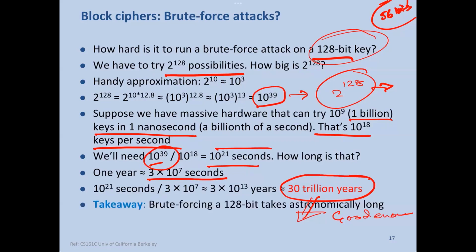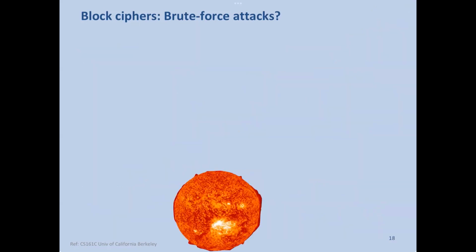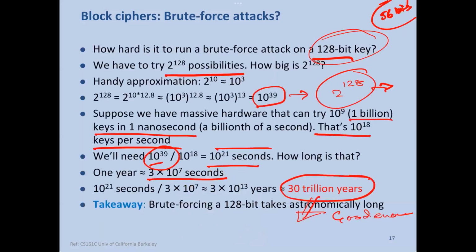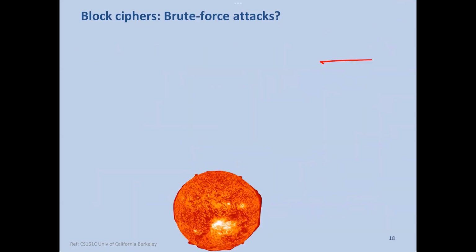Okay, all right. Now let's change it to 256, and let's assume each computer can break at the same speed as we said right here, 10 raised to the power 18 keys per second, and now we parallelize it. This is the speed of one computer, and let's use multiple computers, or multiple chips.